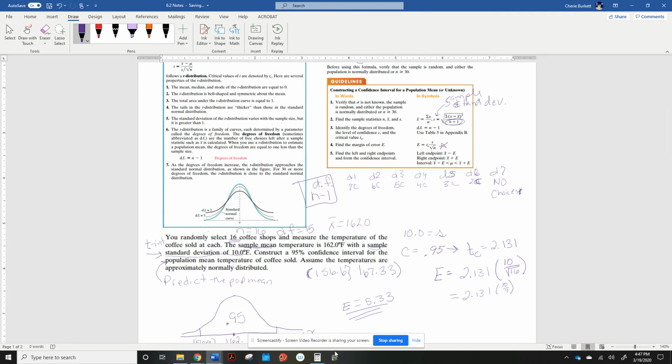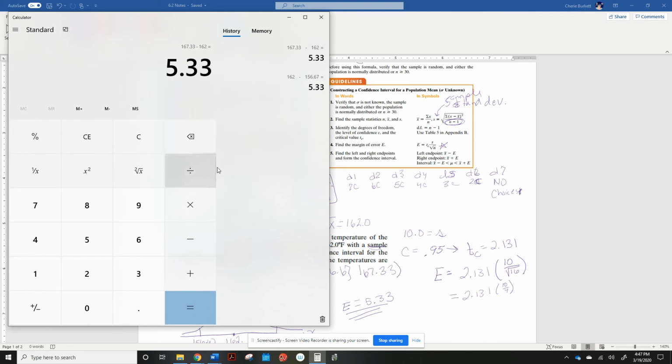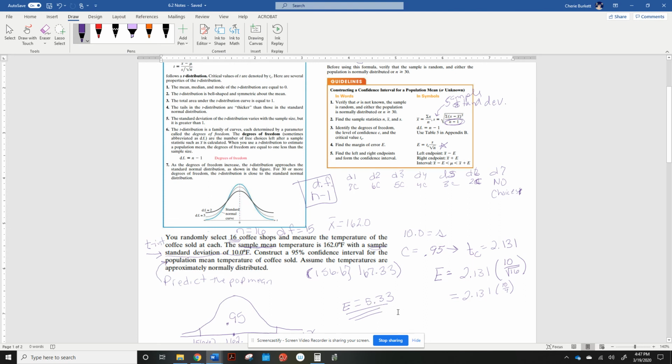So just do that on a regular calculator. 10 divided by 4 is 2.5, and you multiply that times 2.131, and we get 5.3275. If you round that, you get 5.33, which is exactly what we got a while ago.